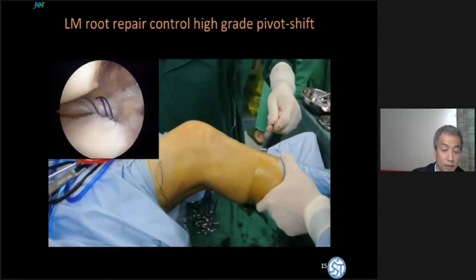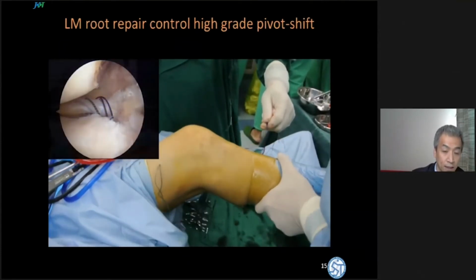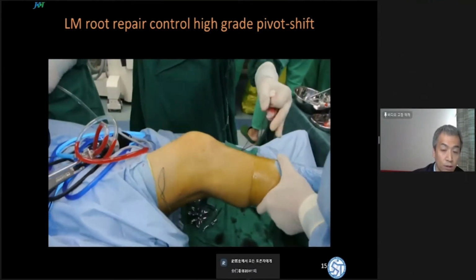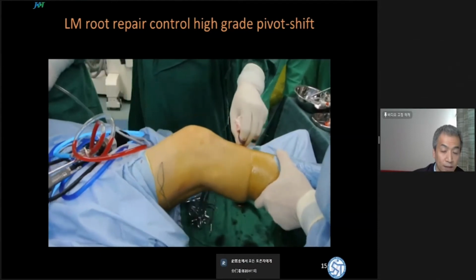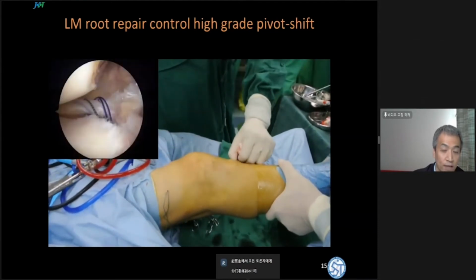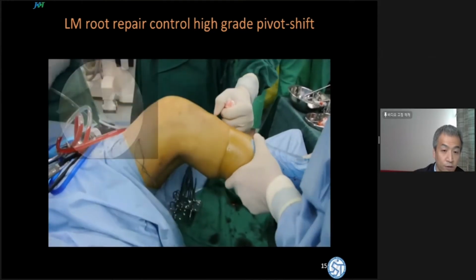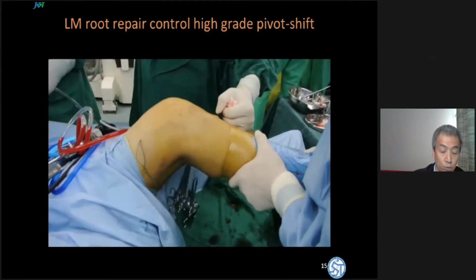After that, we checked the pivot shift again. If we loosen the suture, there is a 2 plus pivot shift. When we tension the suture, the pivot shift decreases from 2 plus to 1 plus.